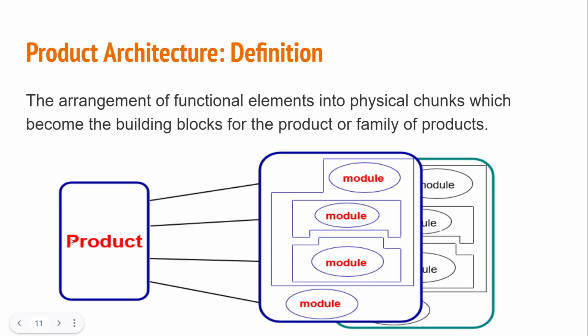This is the product and this is the interaction between these product models. Modular architecture means independent parts; integral architecture means functions are tightly linked. Suppose we give the example of a bicycle, which has modular architecture: handlebar, seat, wheel, or something like that.